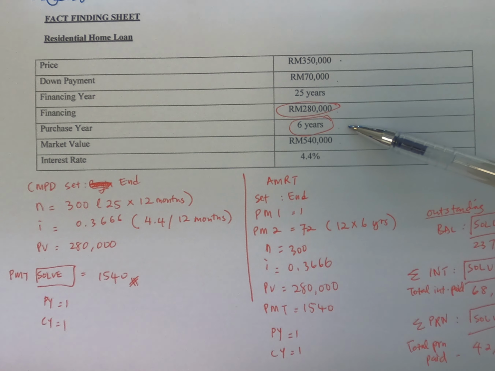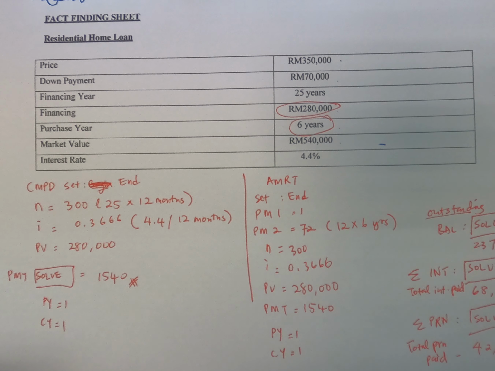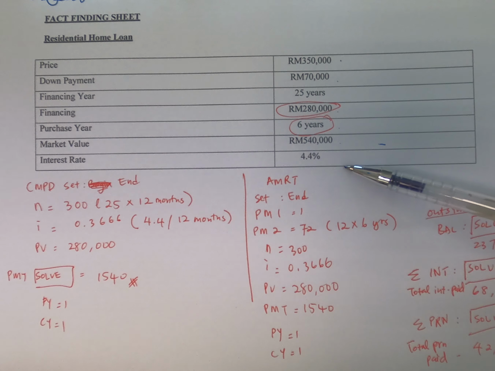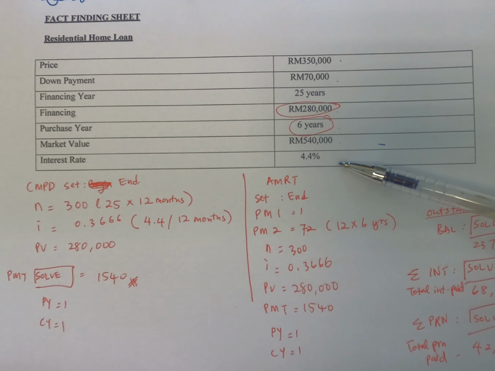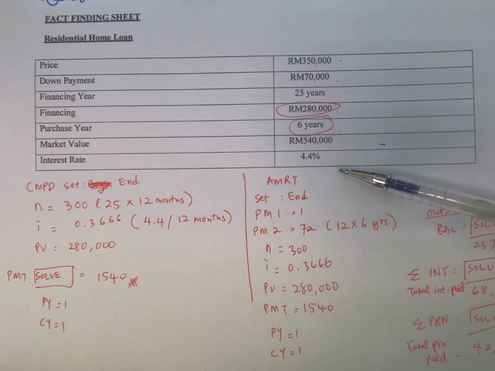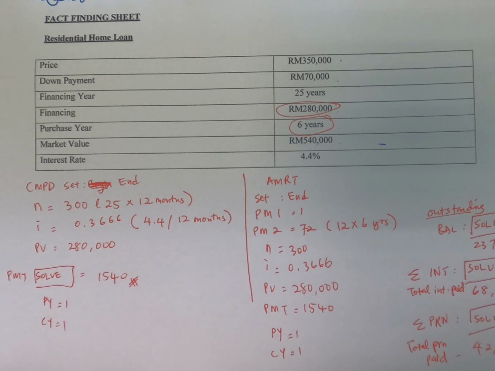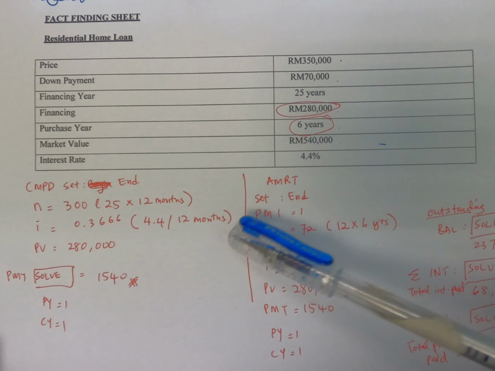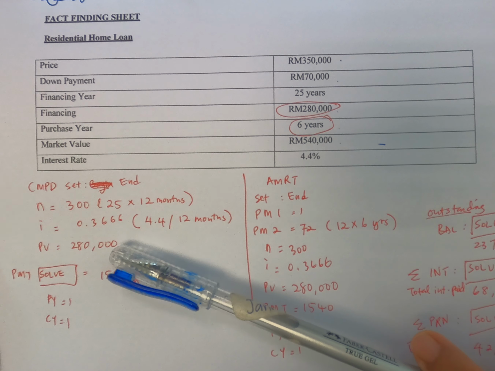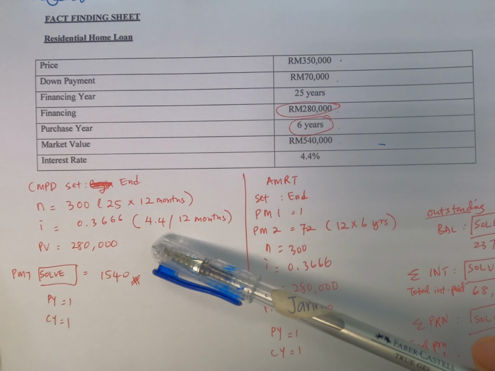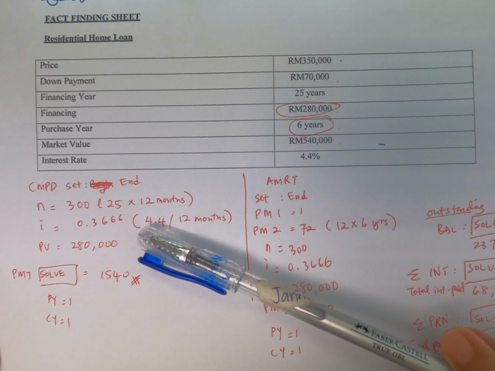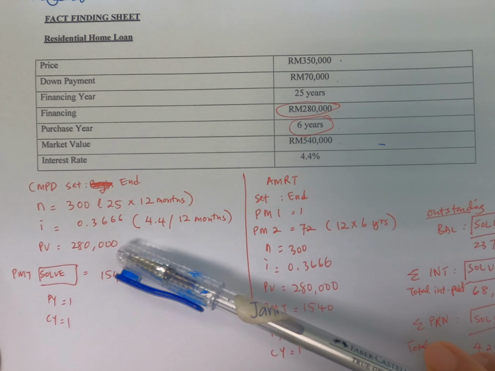Alright, back to the discussion. The purchase here, it has been purchased 6 years ago. The market value is 540,000, and the interest rate of the finance or the housing loan is actually 4.4%. So in the first place, we have to calculate the monthly payment. So you go to the financial calculator, CMPD set as N is 300 or 25 years times with 12 months, so N is 300.